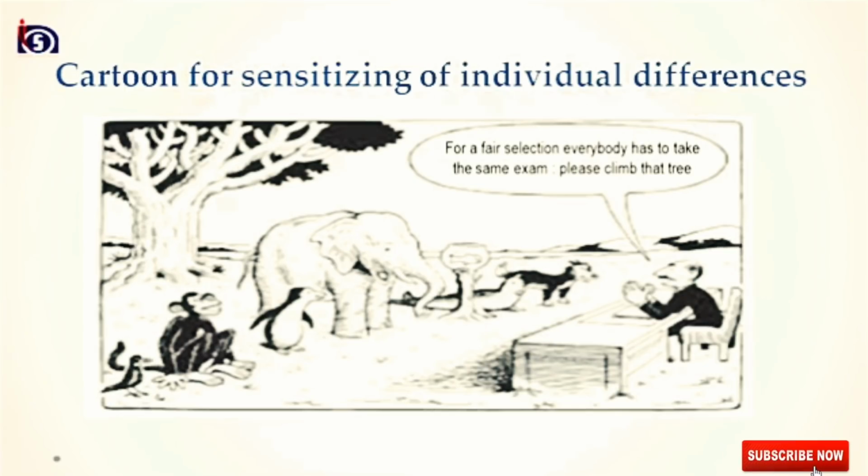Now, there is an amazing cartoon which has already been used in NCF 2005 to exemplify individual differences in our class, which says that for a fair selection, everybody has to take the same exam. Please climb that tree, and there are different animals standing and listening to a master or a teacher. So, it's a kind of satirical cartoon.